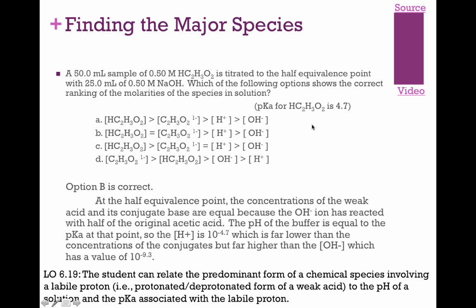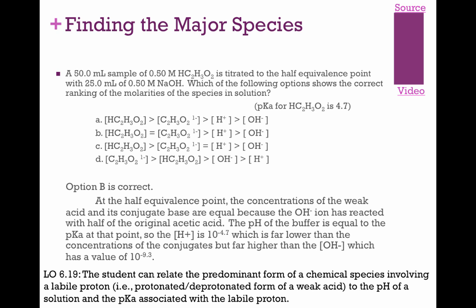Which, if we look at this, we really only have option B as the right one, because at the half equivalence point, if pH equals pKa, if H plus equals Ka, these two numbers have to be equal. And so in order for these two numbers to be equal, the concentrations need to be the same.